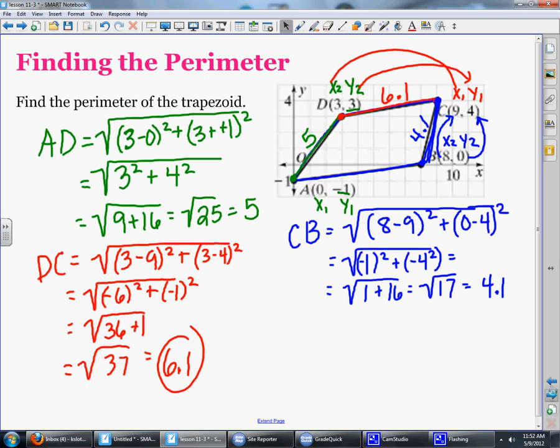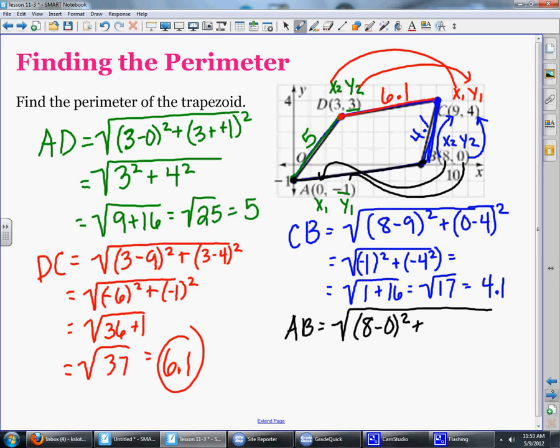Now we just have the last side, and that's AB. So the distance of AB, we're going to do 8 minus 0 squared plus 0 minus negative 1 squared, which becomes plus a positive.